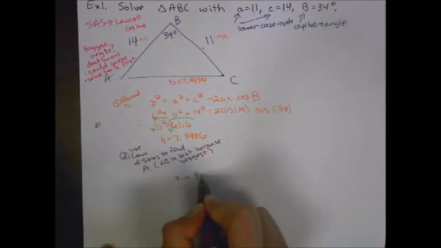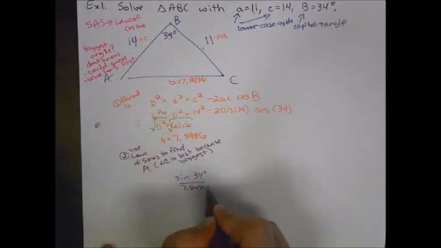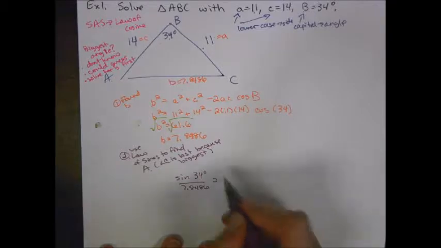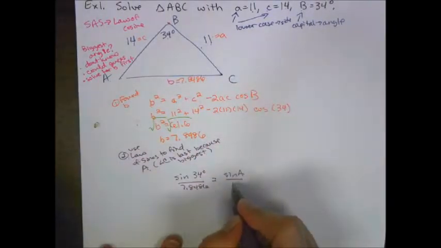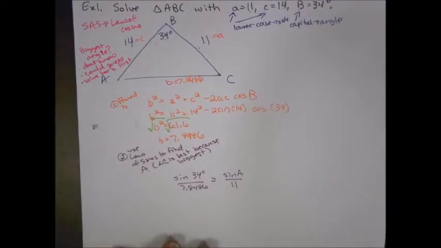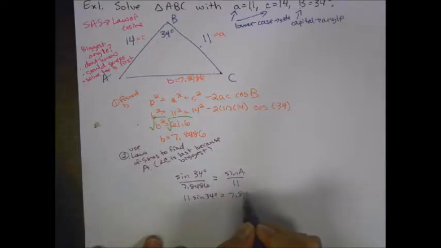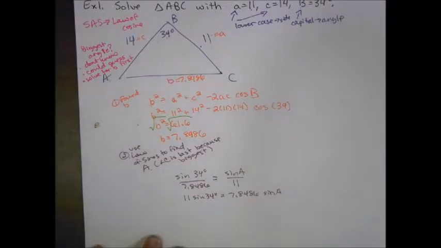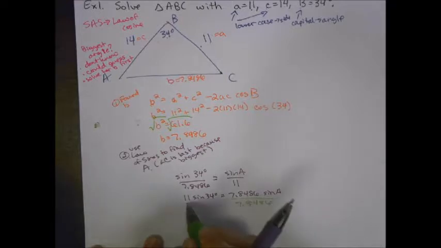So let's do law of sine. Sine of 34 degrees over 7.8486 equals sine A over, we're solving for A, what's across from A? 11. Cross multiply: 11 sine 34 degrees equals 7.8486 sine A. Divide by 7.8486.